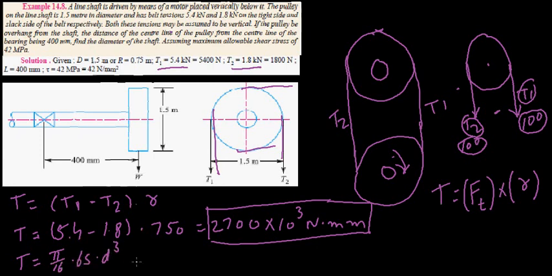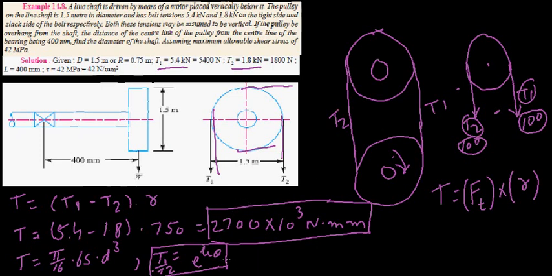And torque is also equal to, or else you can just say that, T1 by T2 is equal to e raised to mu theta. Anyways, we'll come back to it later when we solve this problem. But for now, you have to understand that torque is the difference between T1 and T2 multiplied with the radius, which we have done many times before.